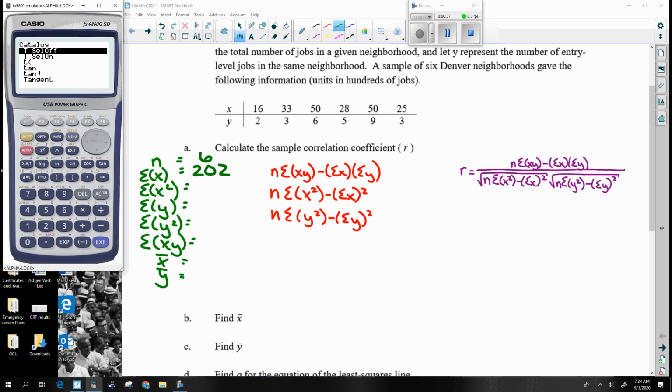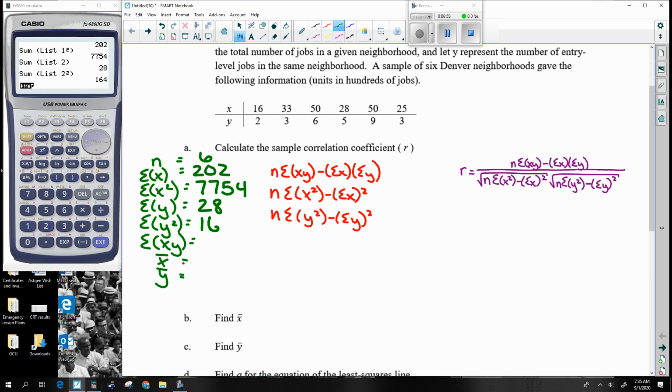The sum of x squared. Sum of y. Sum of y squared. Sum of xy.